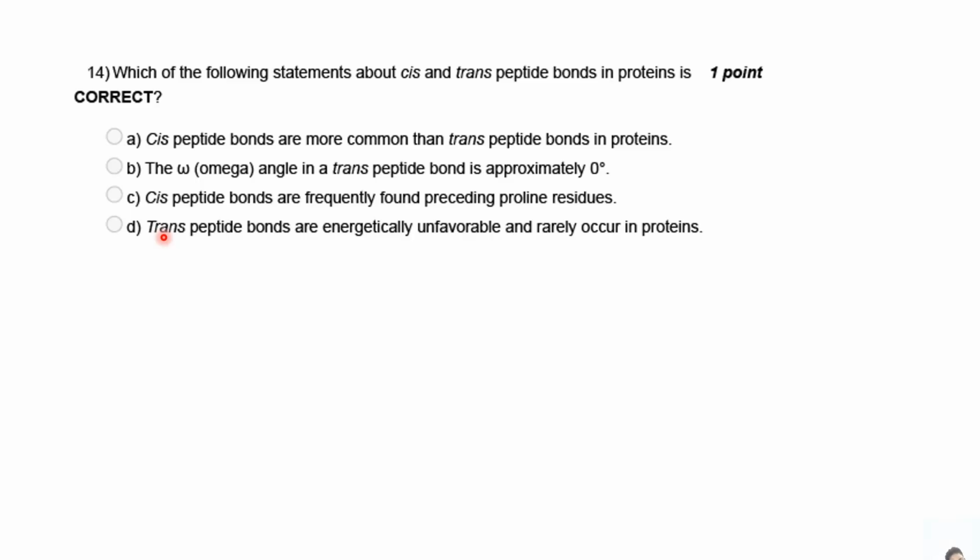I'll give you a few minutes. You can think about it and come up with the answer. And you unmute and let me know with the proper, detailed explanation, not only the answer. And then we'll move on to the next question for today.